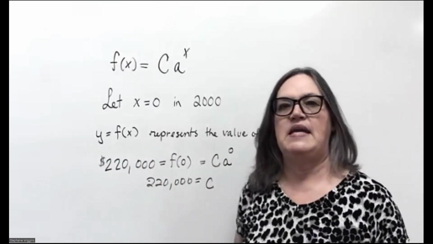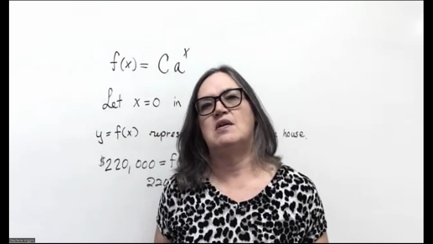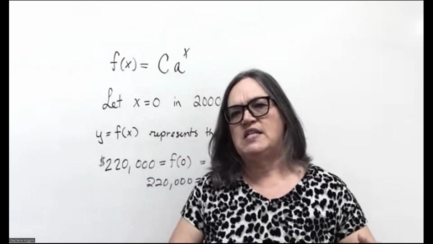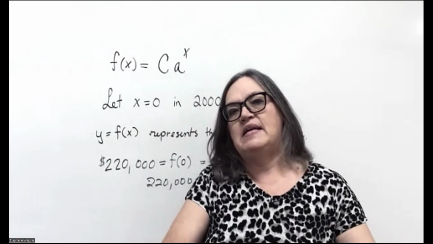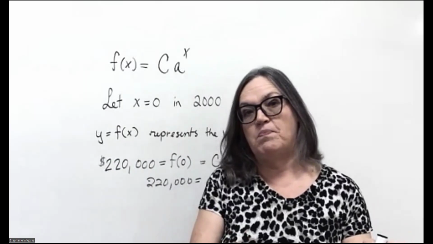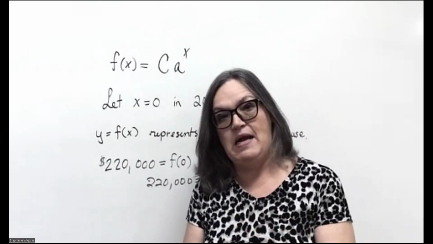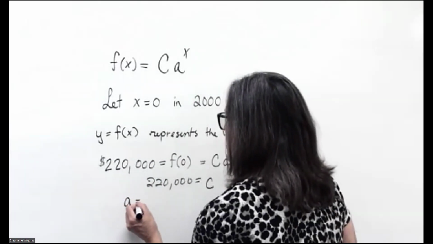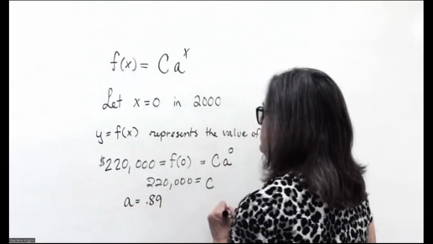They're telling us that it decreases by 11%. You're not going to multiply by 11% to find the next year. You're going to take the whole value and it's going to be decreased by 11%. So it's going from 100% down to 89%. So your A is going to be 0.89.